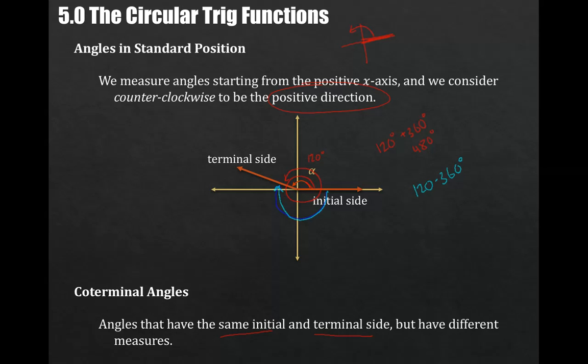I'm going the other way around, and finding the other part of that angle, which would end up being, what is that, negative 240 degrees. Those would also be coterminal. So I can get a number of different coterminal angles that have the same initial side and the same terminal side, but a different angle measure.